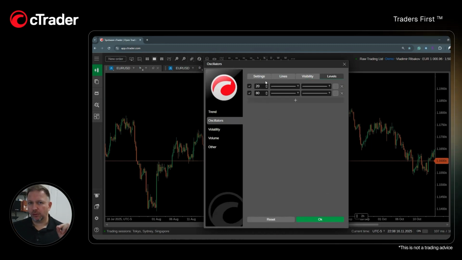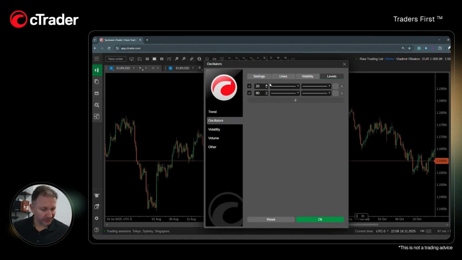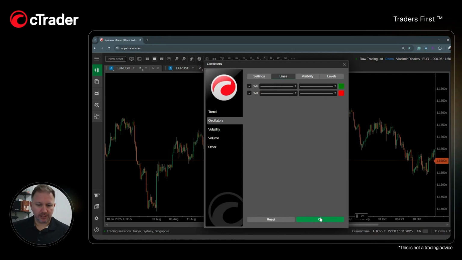By default it comes with 80 and 20. Those are the levels I also recommend to use, and it helps spot overbought conditions above 80, oversold conditions below 20.